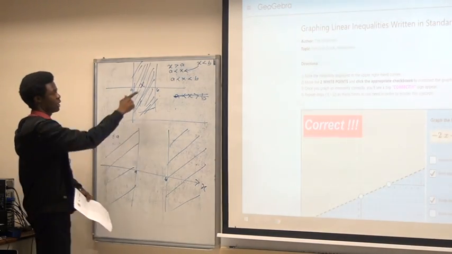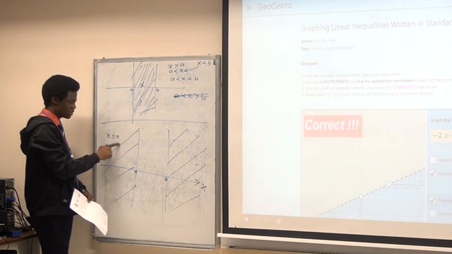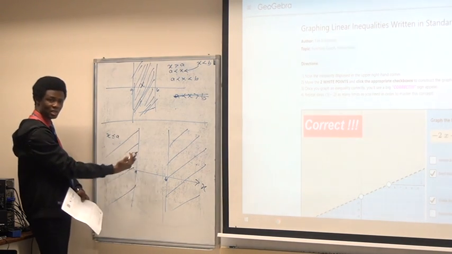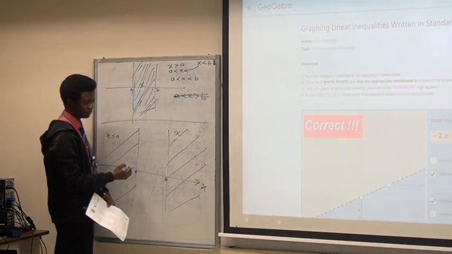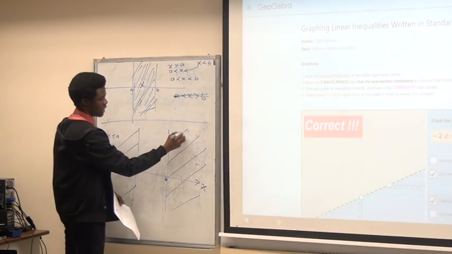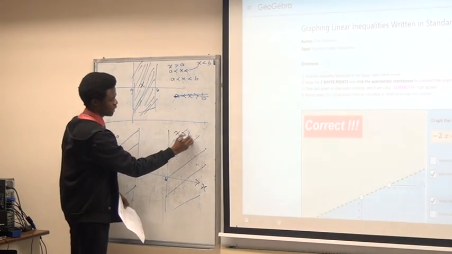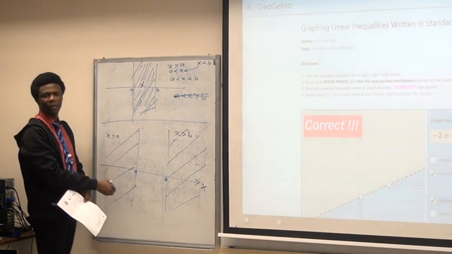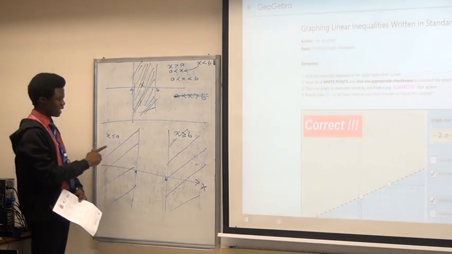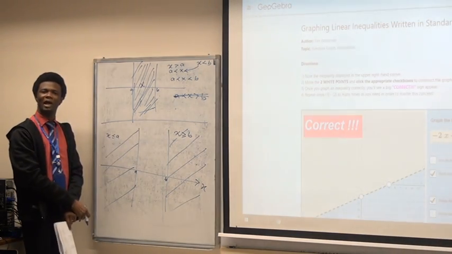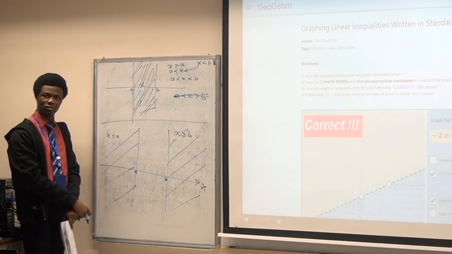But in this case, again, start with X. X is less than A because on the x-axis it is below A. On this side, X is what? Talk to me. X is bigger than B or equal to, depending on what type of line. Because I use a thick line, I can do this. Now there is no way you can combine this and have the inequality face the same direction.